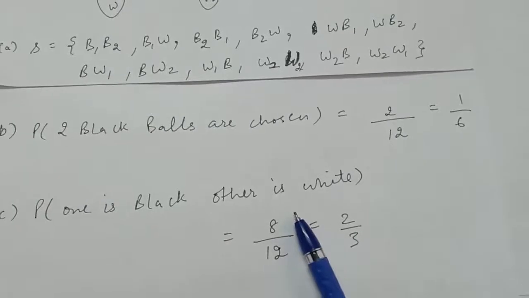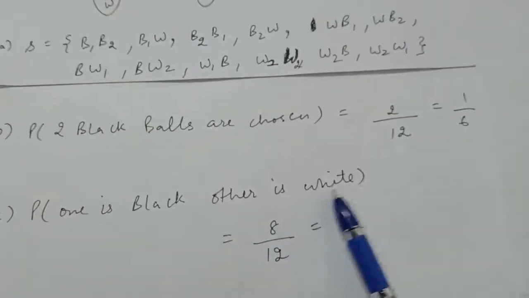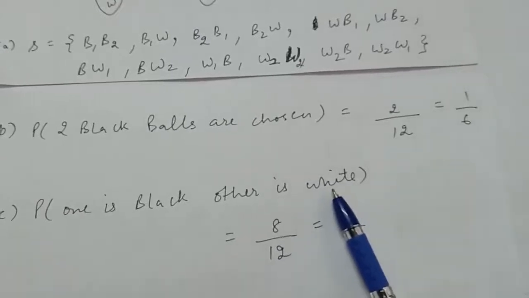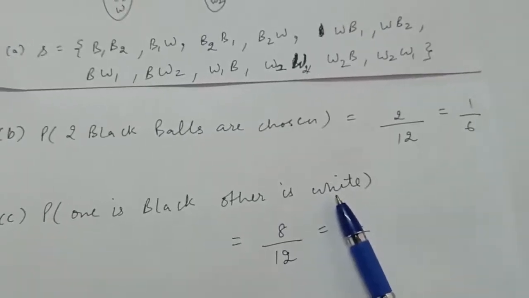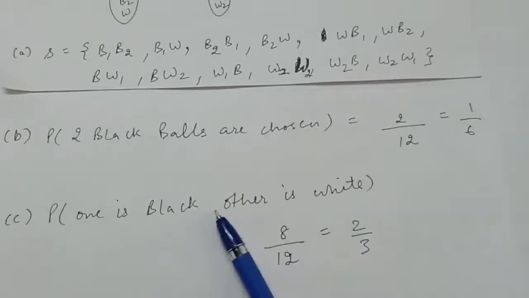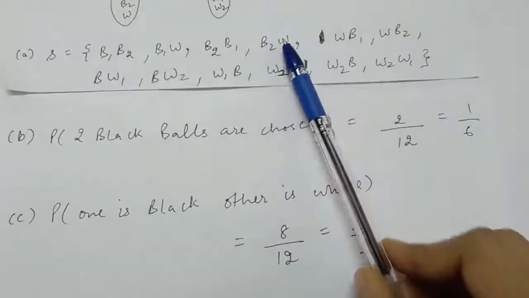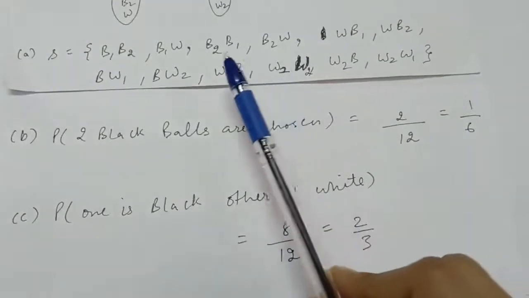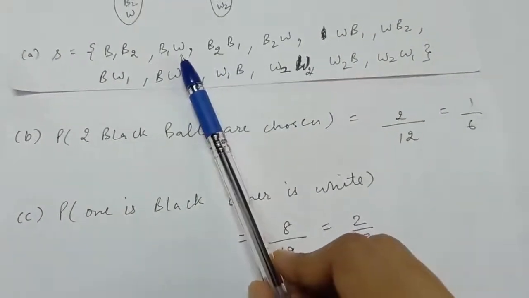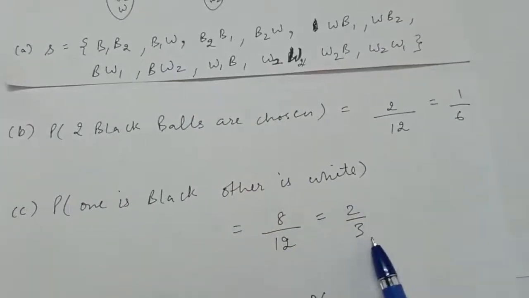Now the next part is one is black and other is white, because they have asked to find the probability that the two balls are of opposite color, that is one is black and the other is white. So you can see there are 8 favorable cases, so that one ball is black and the other is white, right? And total are 12, so the answer will be 2 by 3.